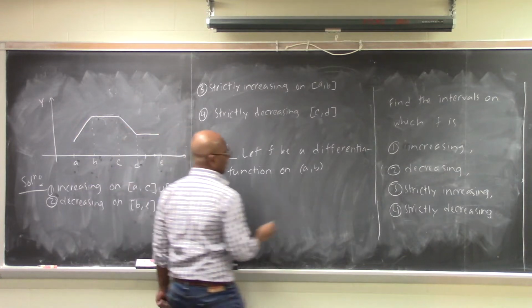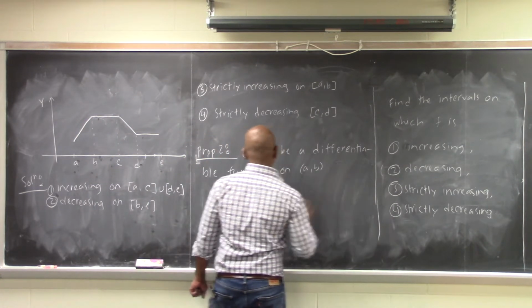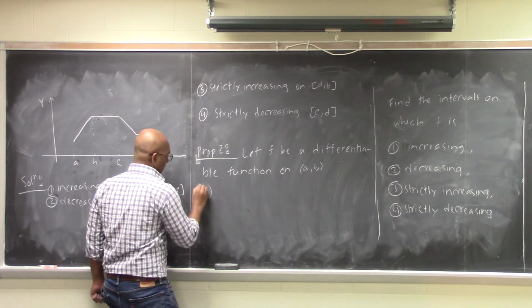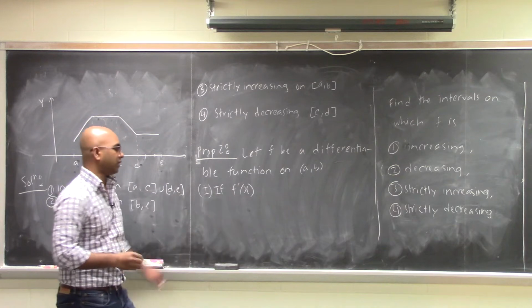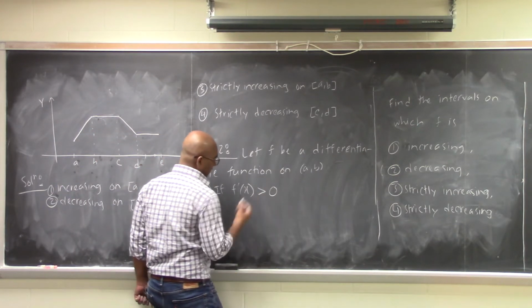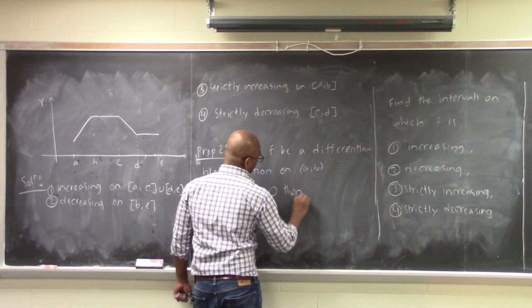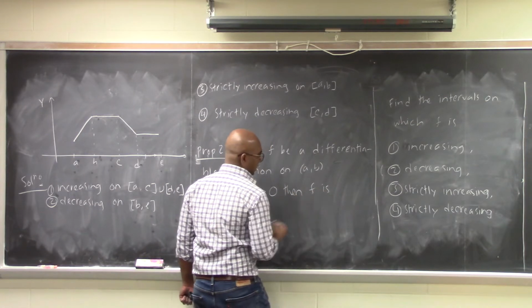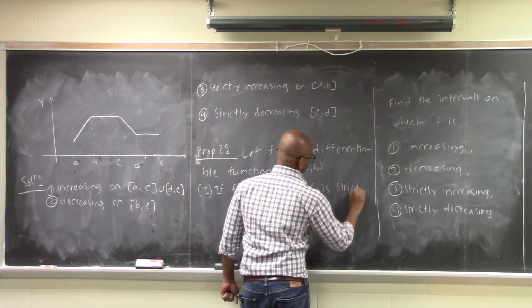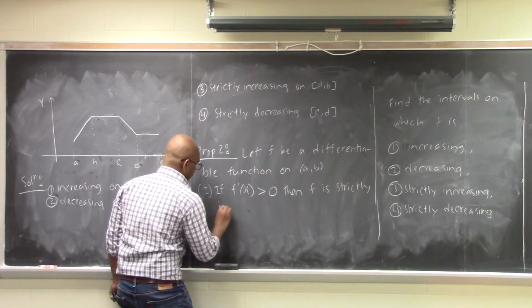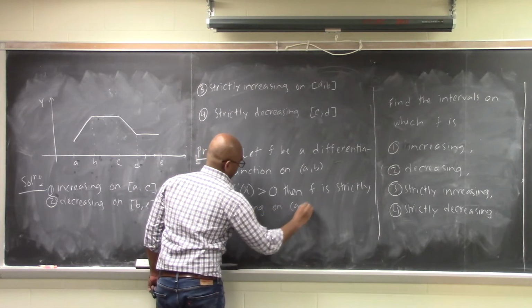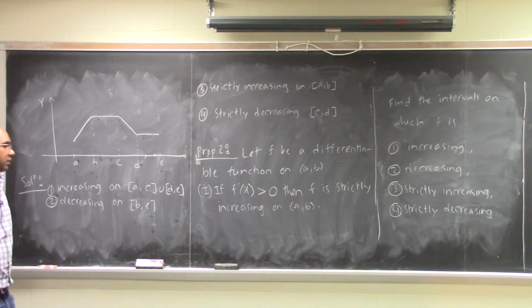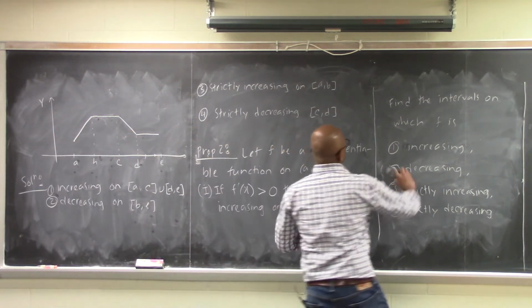Now this is the thing, two things. If f prime of x is strictly bigger than 0, then f is strictly increasing on the interval (a, b). Okay, and there is an analog for decreasing functions.